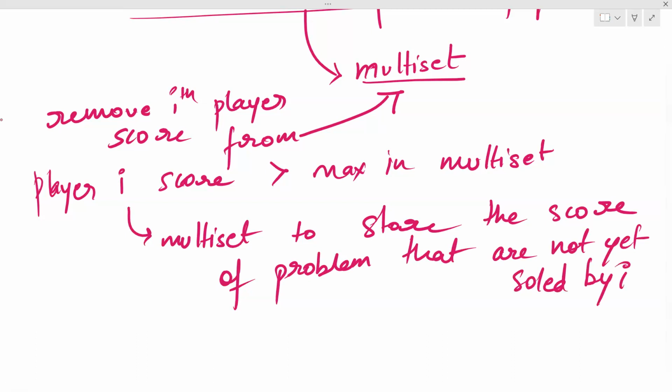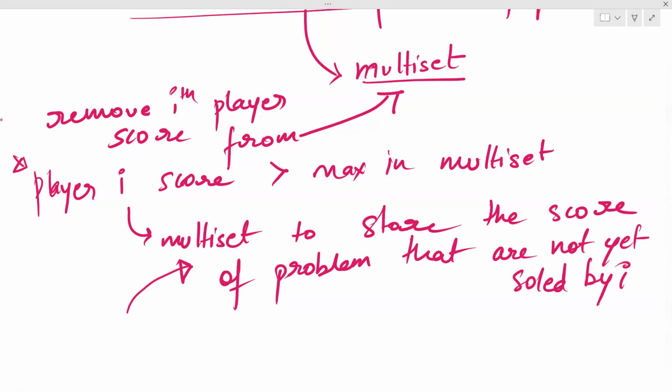After that, while this condition is not true, we'll keep taking the maximum from this multiset, add it to the current ith player's score, and increase our answer by 1 for the ith player. So finally, once this condition becomes true, we'll print our answer for the ith player.